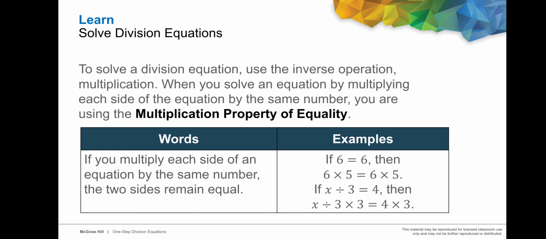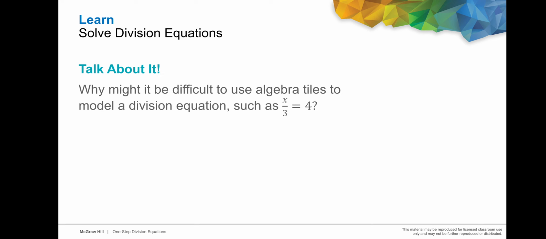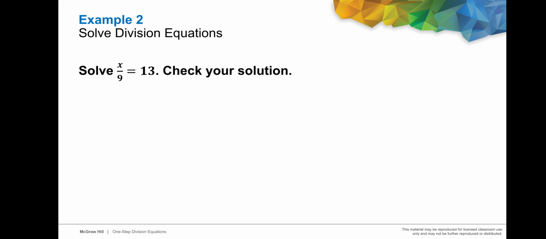I will use multiplication as an inverse operation. Now I will multiply. Since I have an equation, there is balance between the right side and the left side. So as we said before, whatever you do to one side, you should do to the other side.